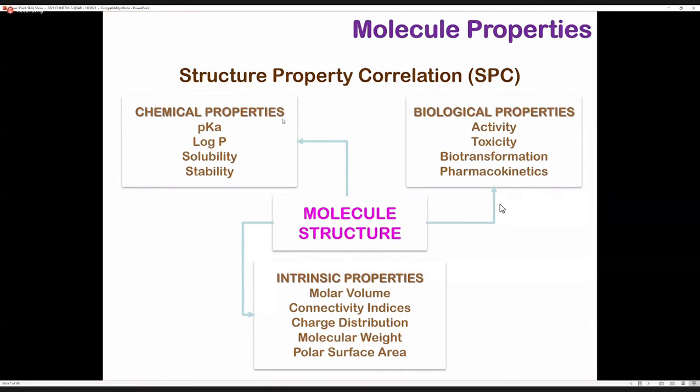So these are the correlations. One molecule can have a different pKa, and this contributes to different toxicity, and it can also have a high molar volume and so on. So these are the relationships.